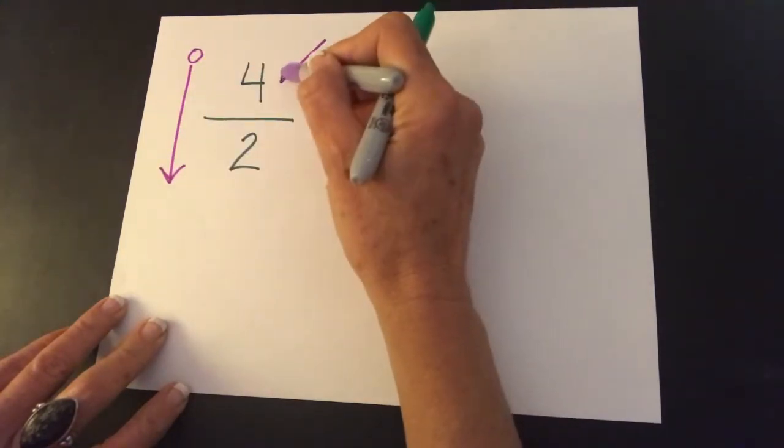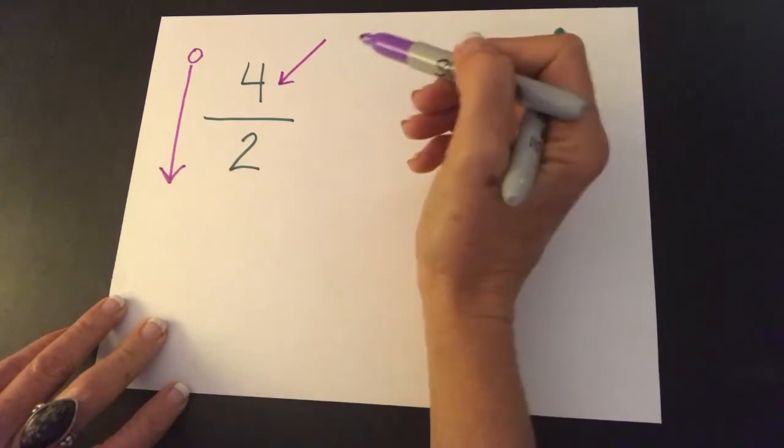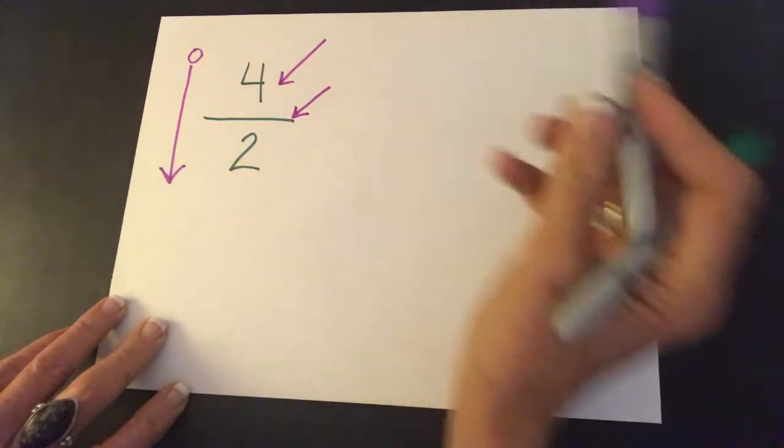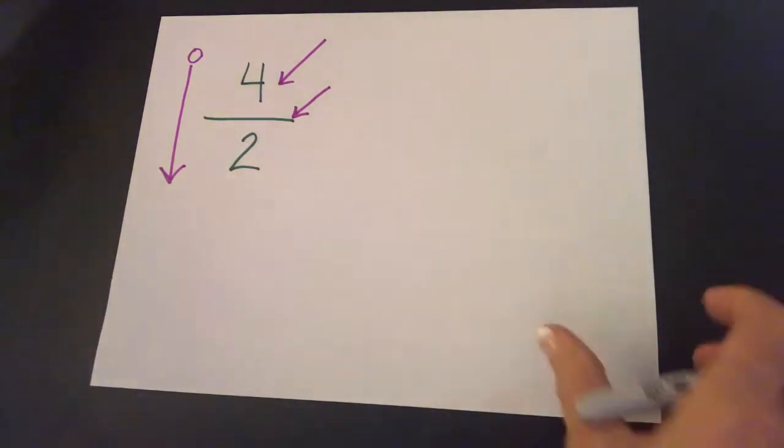So when you read the number 4 in math, you read it in English as the number 4. What do you read this little mark as? Let me show you my trick.